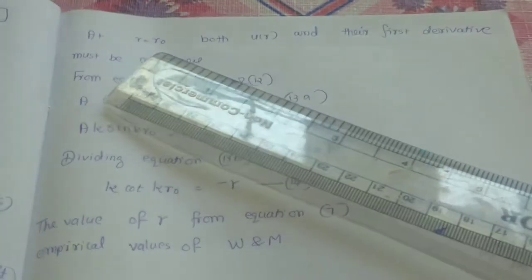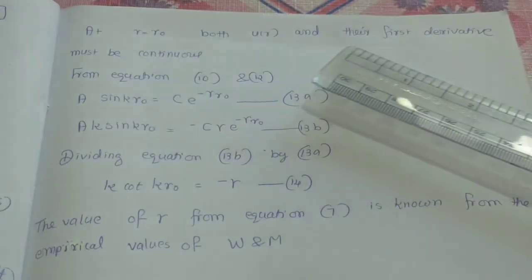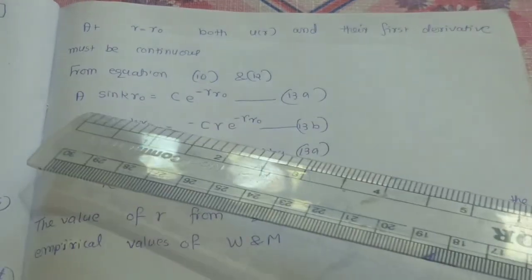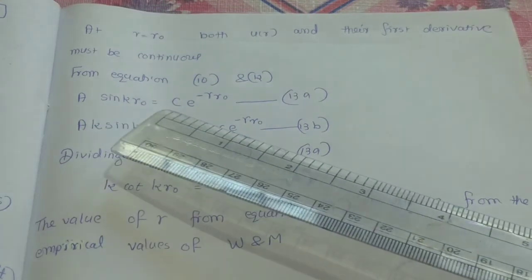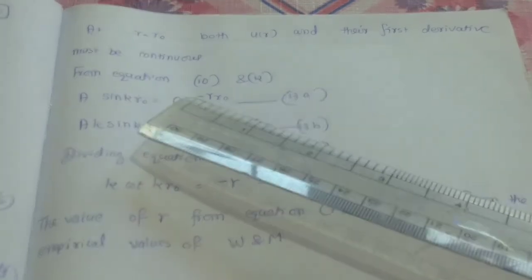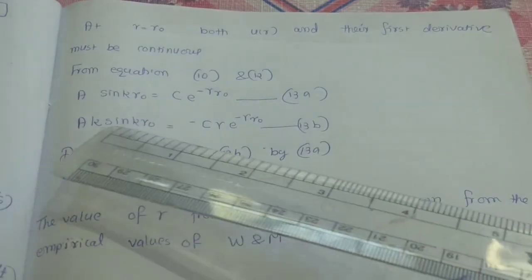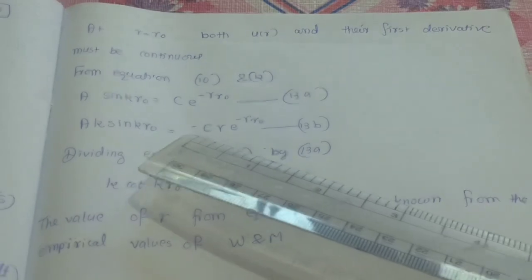At r equal to r0, both u of r and its first derivative must be continuous. From equations 10 and 12, we can write a sin k r0 is equal to c e raised to minus gamma r0. This is equation number 13a. The next equation is a k cos k r0 equal to minus c gamma e raised to minus gamma r0.